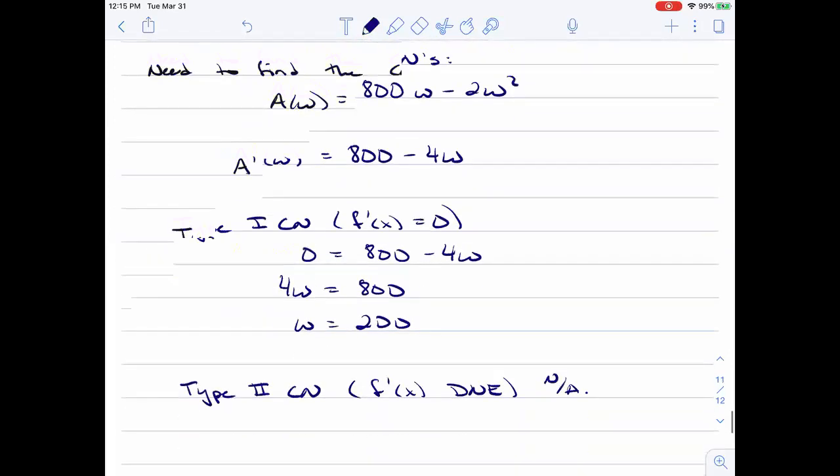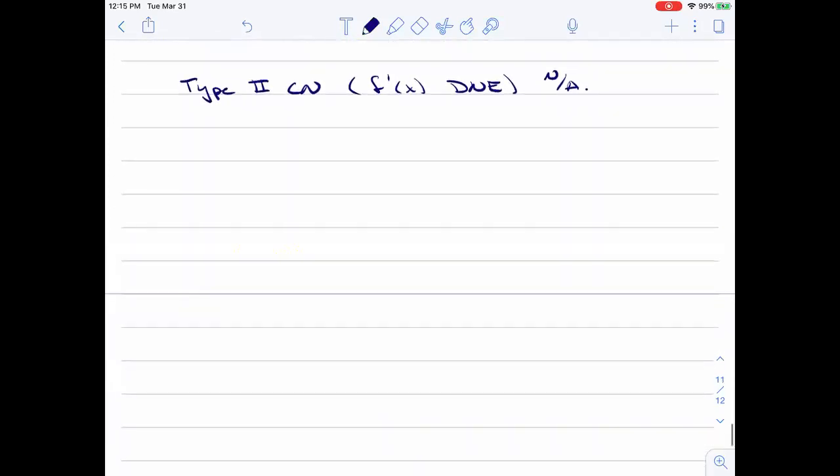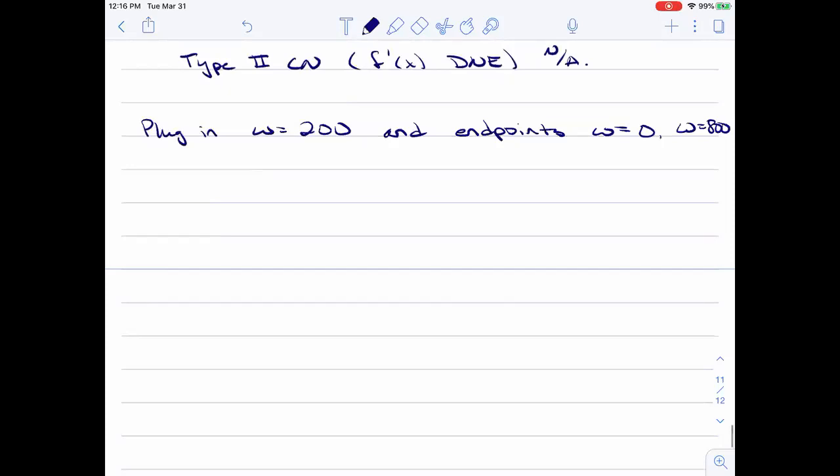And so what we do is plug in W equals 200 and the endpoints W equals 0 and W equals 800 into A of W to see which W maximizes A of W. Okay.